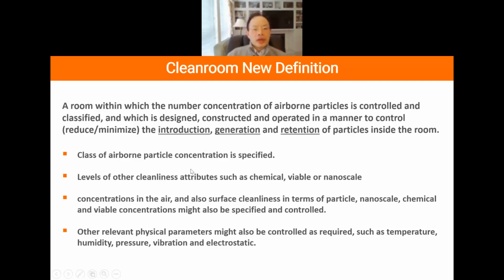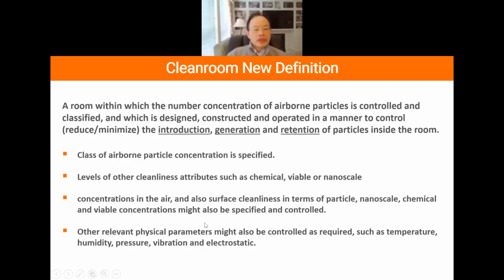Also, the new standard specifically says the airborne class needs to be specified, and the level of other cleanliness attributes such as chemical concentration, viable, or even nanoscale contamination need to be listed if required by the customer.